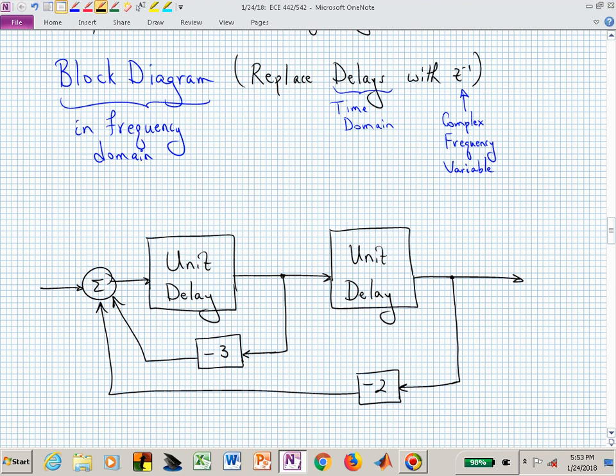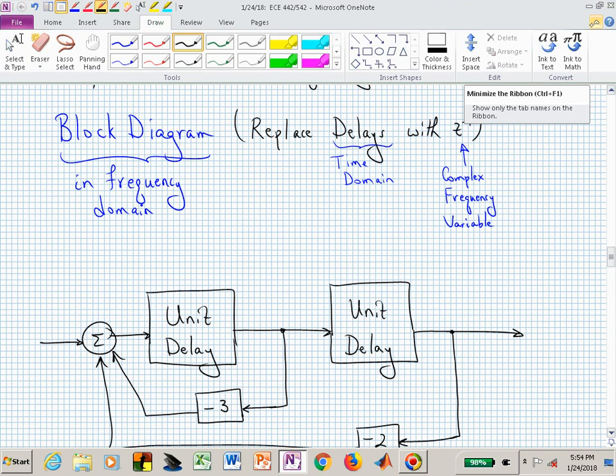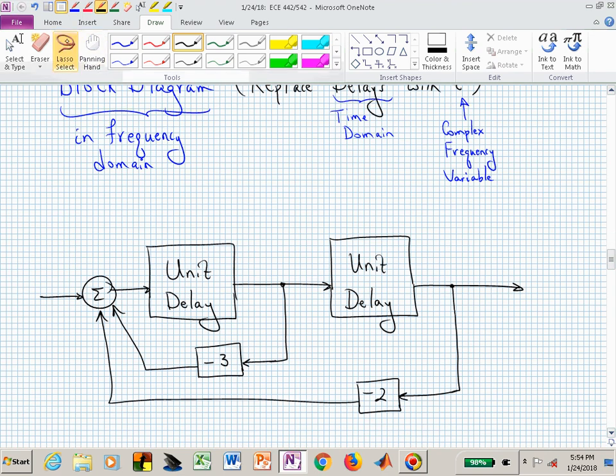I was cheating. Before class, I simply copied this block diagram. And this should look exactly like what we had before. Now what we want to do is pull out our eraser, which I have a little different way of erasing.